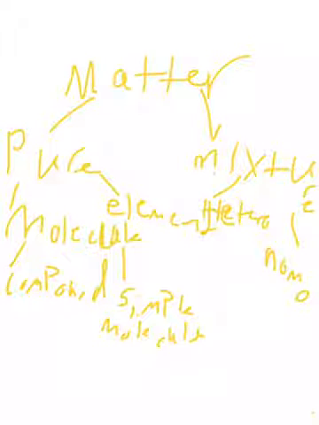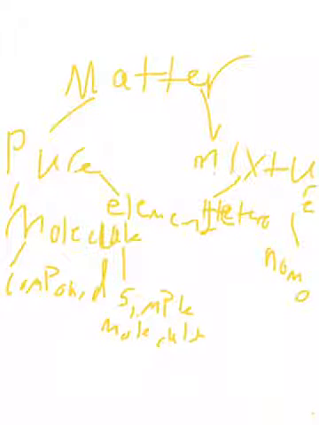Now, if we go to the pure substance, a pure substance is one of two pieces of matter. The other is a mixture, which I will go into detail about later. A pure substance can be split into two different groups, a molecule and an element.